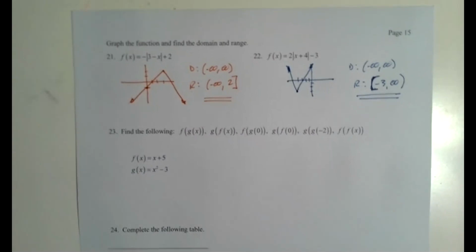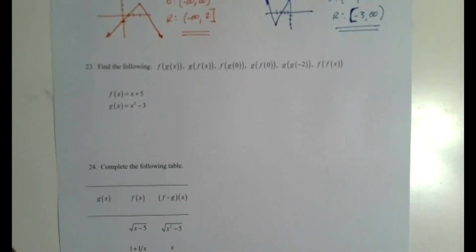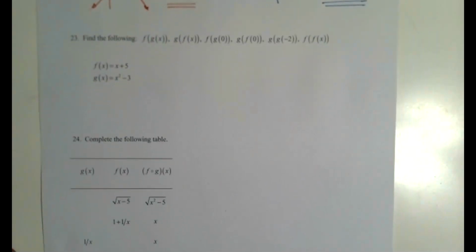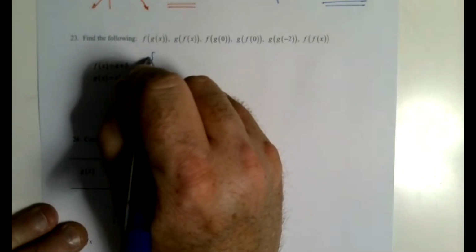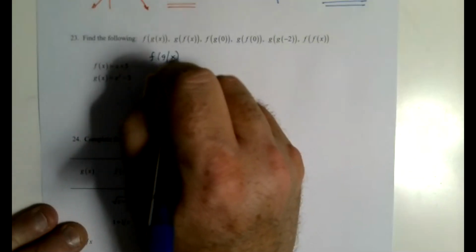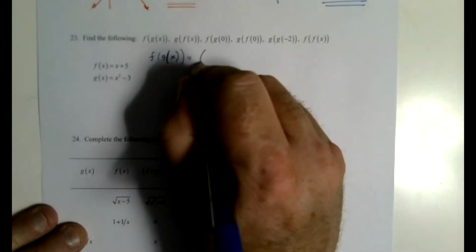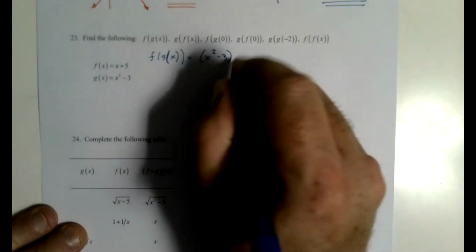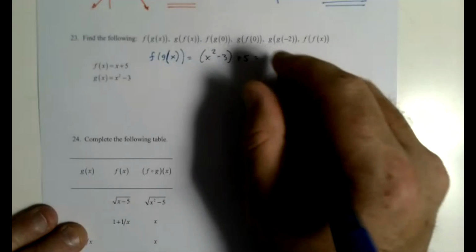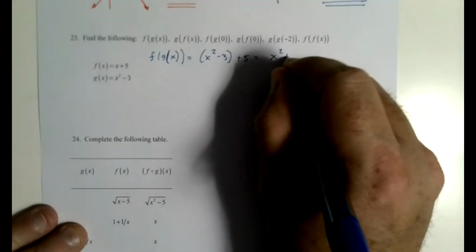All right, cool. So we've got a ton of composite functions here. This gets real busy real fast, so I'm just going to blast through it. F of g of x equals x squared minus 3 plus 5 equals x squared plus 2.